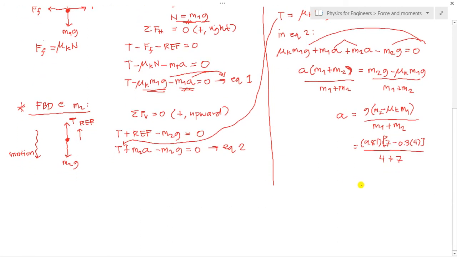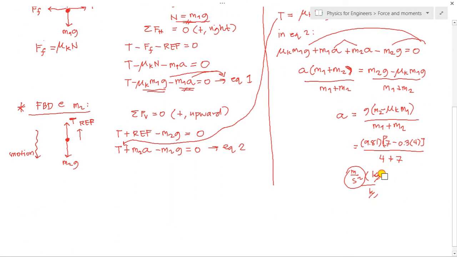To make things clear, for unit analysis, we have gravity in meters per second squared multiplied by the 7 in kilograms, and then divided by kilograms. So the kilograms cancel, and the resulting unit is meters per second squared, which is acceleration.